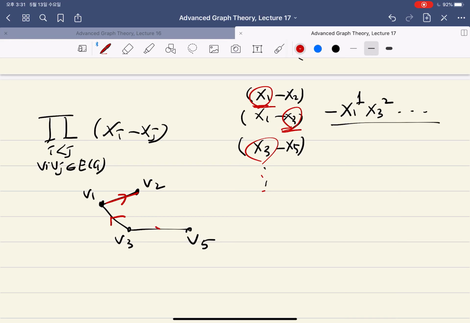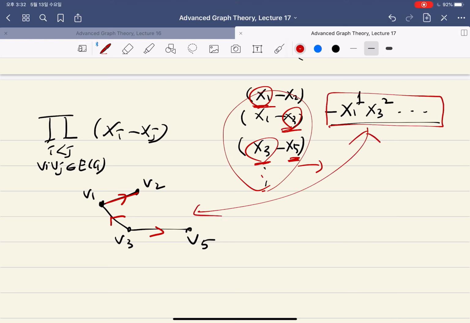There are two ways: we can choose 3 to 5 or 5 to 3, that's the same as choosing either 3 or 5. So if you expand this, each monomial you get has a one-to-one relationship with an orientation of the given graph.